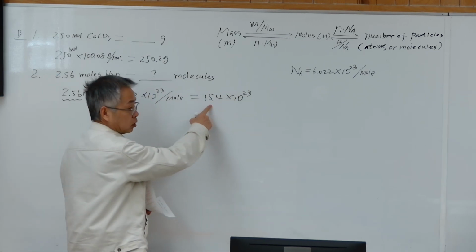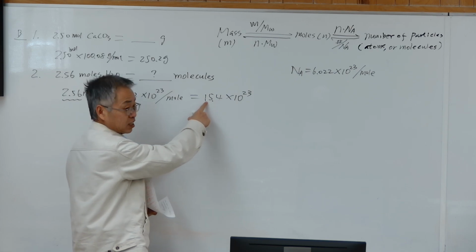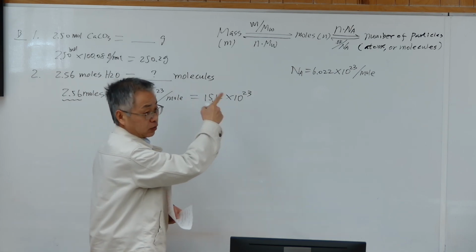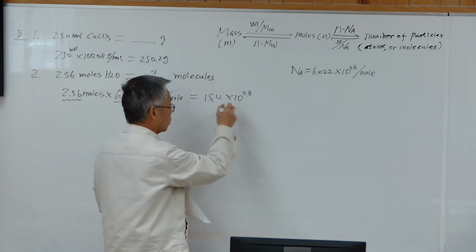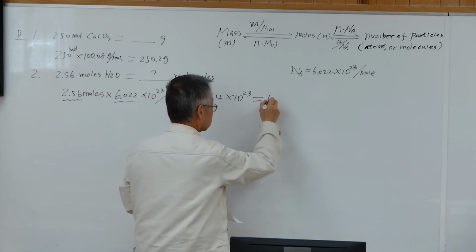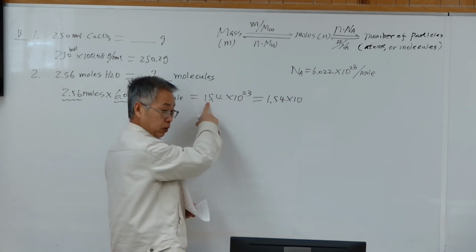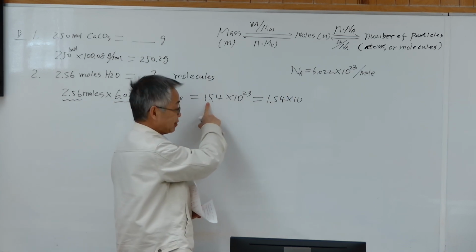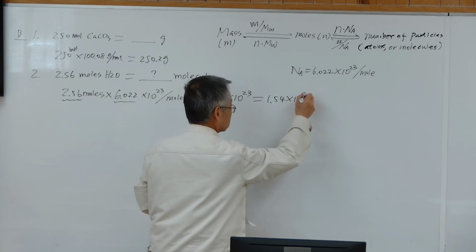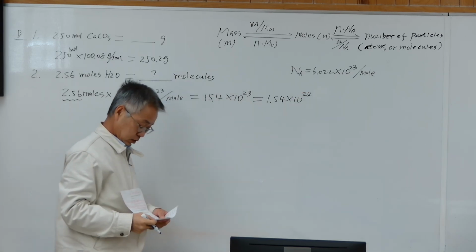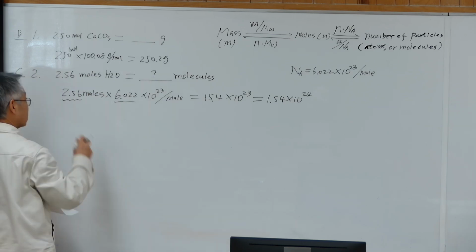Since this is larger than 10, and scientific notation needs a number between 1 and 10, we move one decimal place back, 1.54. Moving one decimal place back means multiplying by 10, which is 10 to the 1. Together with 10 to the 23rd, the total is 24. So clearly, you choose answer C.